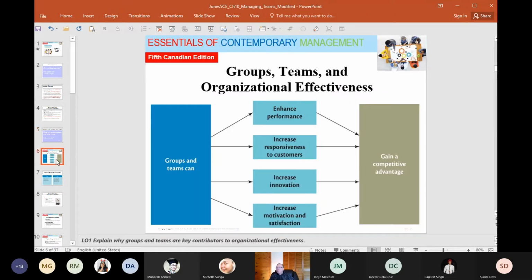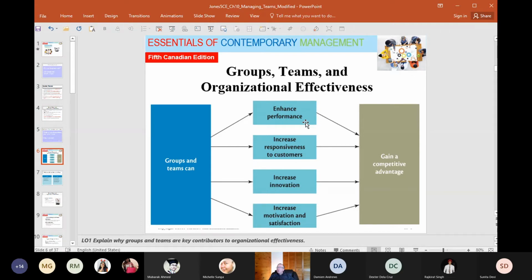Let's have a look at some concepts here. The first one is to try to explain why groups and teams are key contributors of organizational effectiveness. We have some criteria, in light blue here, that help to understand how a team is efficient.